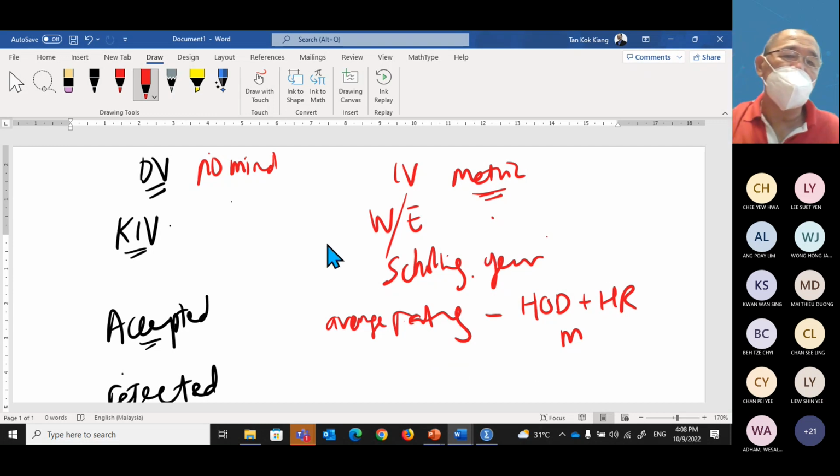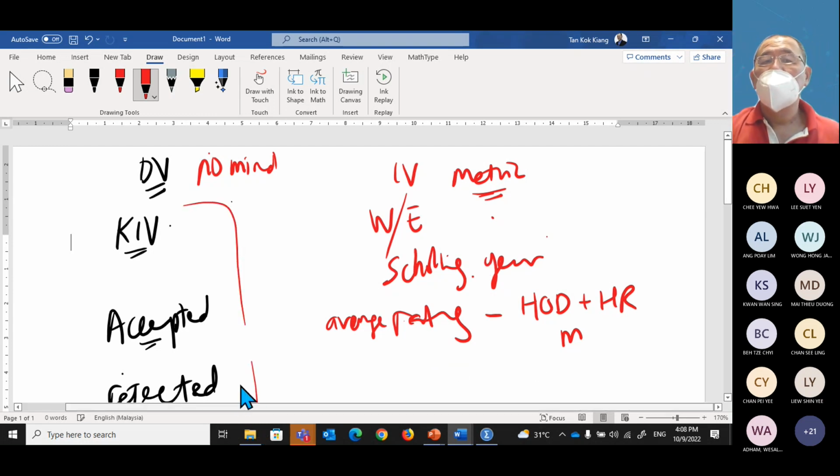All of this will affect the outcome, which is either KIV, accepted, or rejected. Any question? So this is the idea of multiple discriminant analysis: the dependent is categorical, and the independent variables are metric.